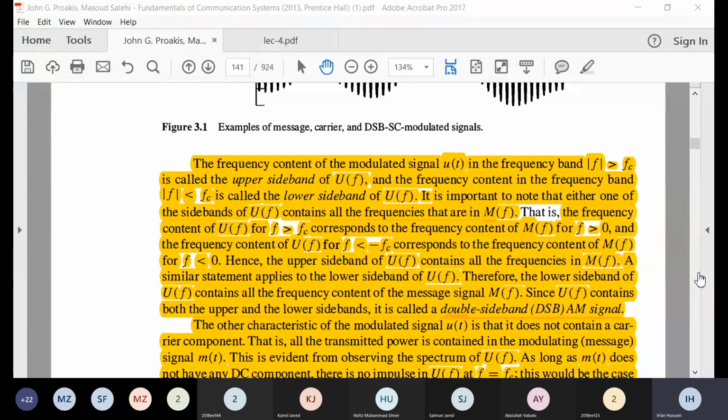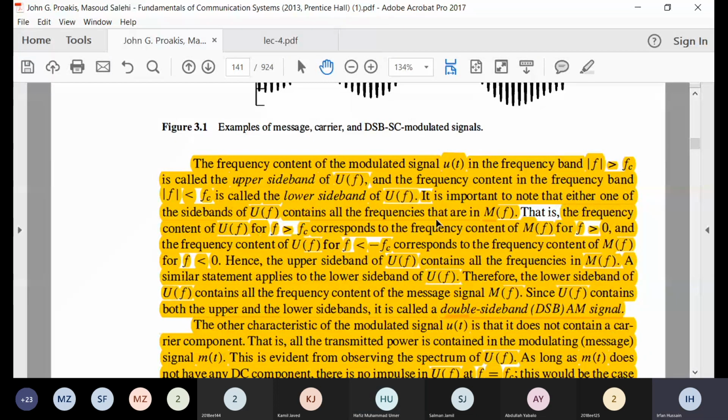I am very surprised. No one is answering. Hafiz Mohammad Umar, can you hear me? Yes, sir. Are you understanding anything? Upper sideband and lower sideband. Yes sir, I understand. Okay, thank you very much.